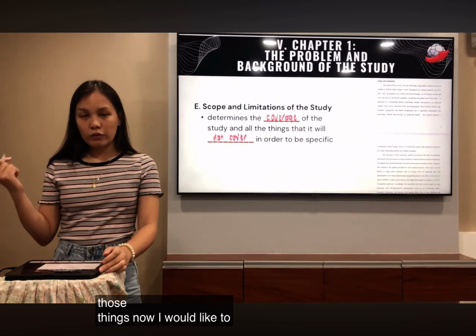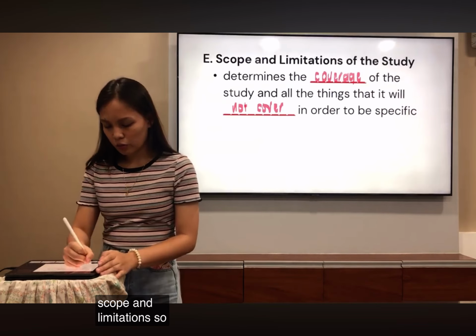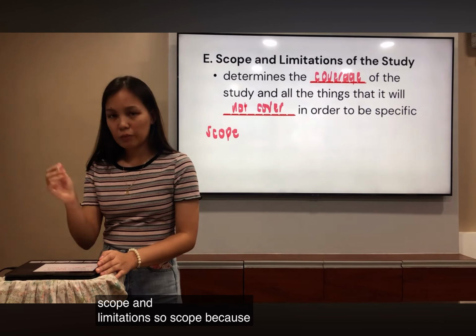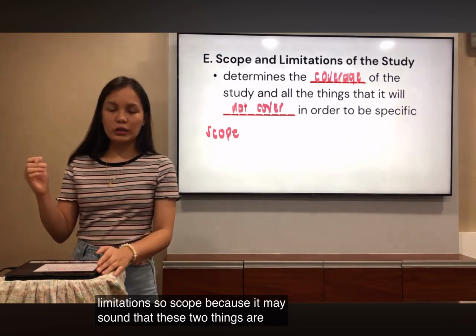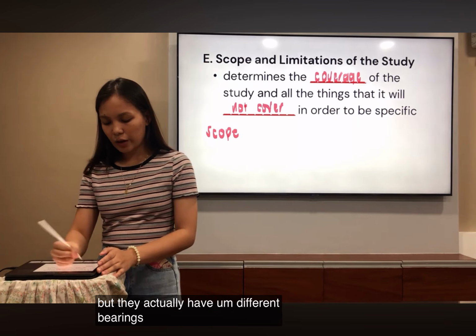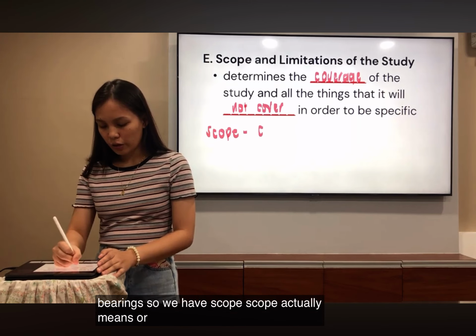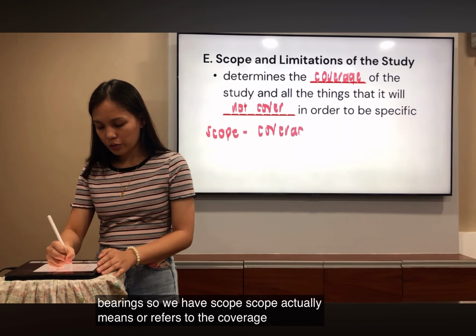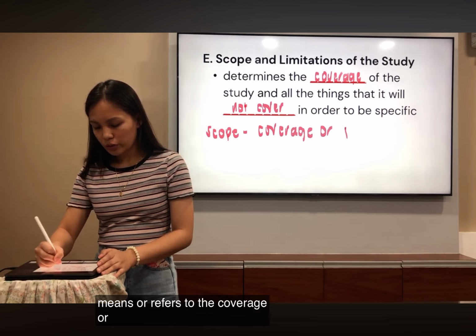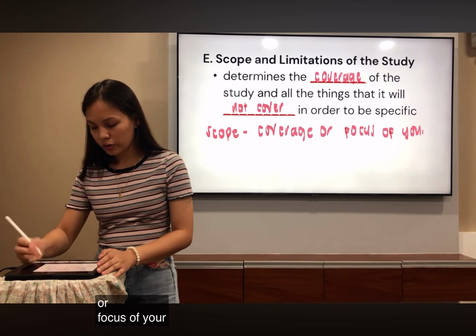Now, I would like to differentiate scope and limitations, because it may sound that these two things are the same, but they actually have different bearings. So we have scope. Scope actually means or refers to the coverage or focus of your study.